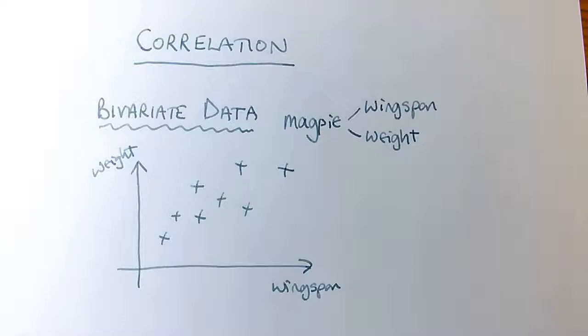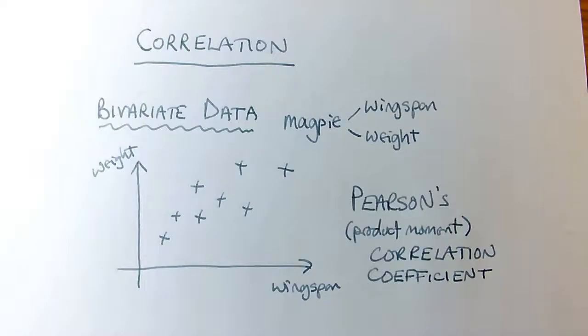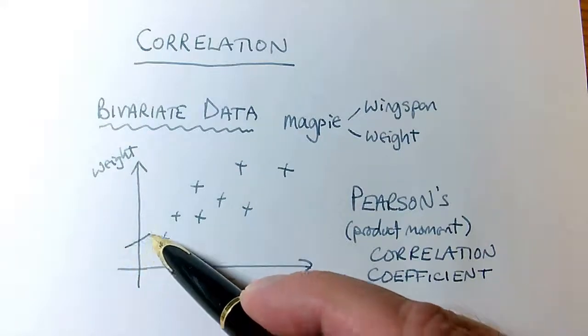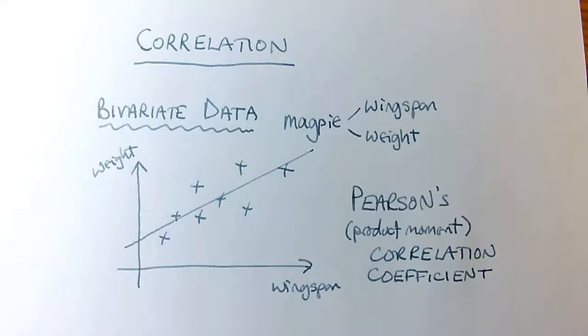Now, the correlation coefficient that we're going to be using is called Pearson's, or sometimes the product moment correlation coefficient. Pearson's correlation coefficient is based on the idea that it will tell us whether the data seems to be clustered around a straight line. Finding the equation of that line is what regression is all about.